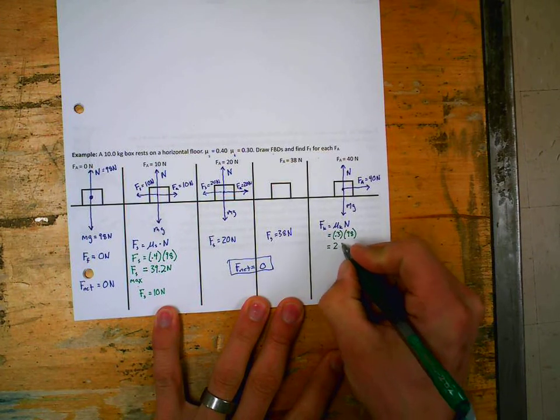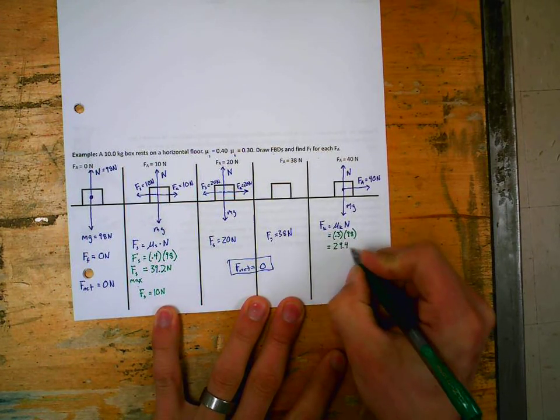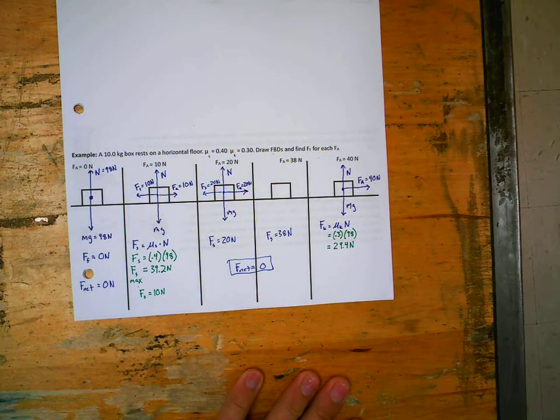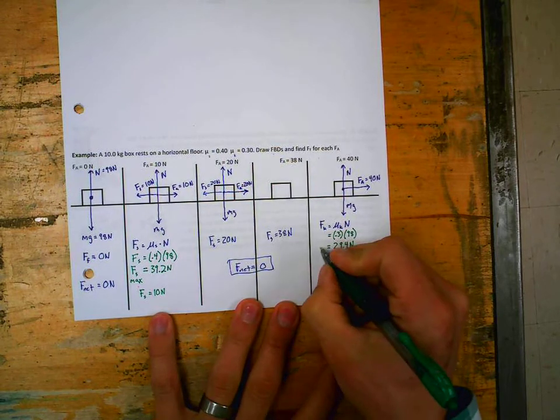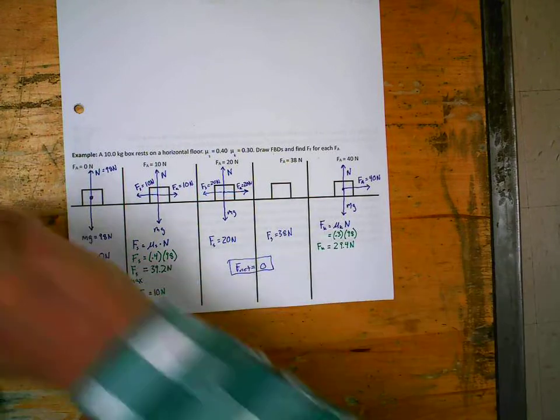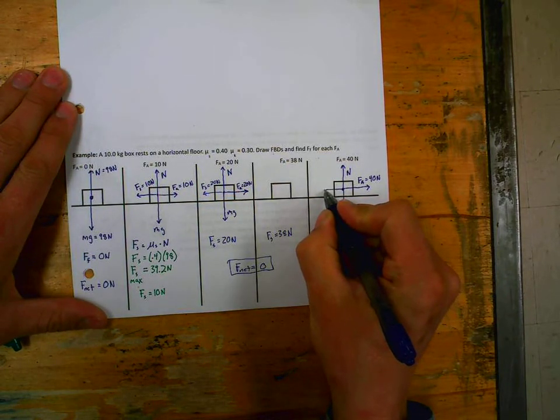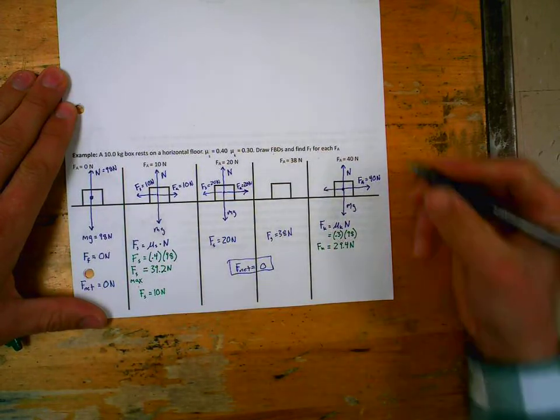This will give us only 29.4 newtons. Okay, so friction is dropped. We'll label that FK. And let's put it on our FBD as well. We'll draw it shorter than the 40.